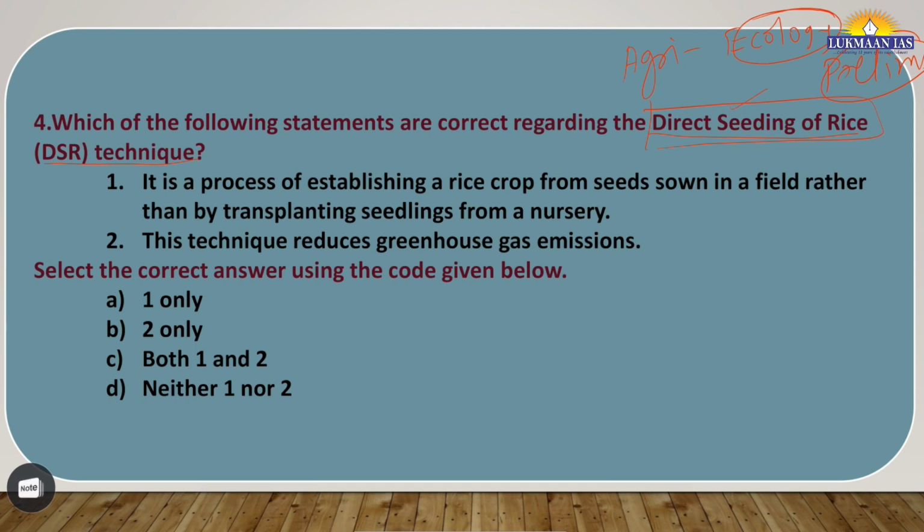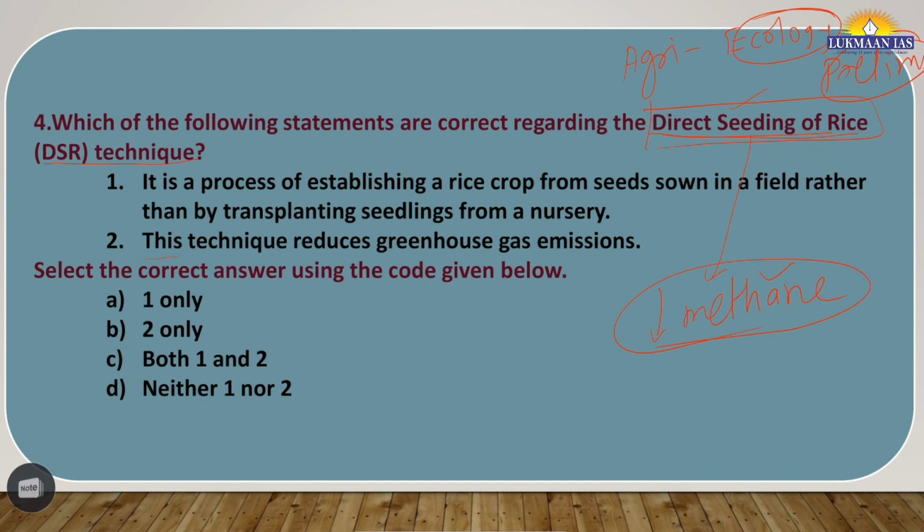Direct seeding of rice is one of them, as it is environmentally sustainable. Why? Because there is reduced methane emissions. Now we know that paddy is one of the major farming practice where methane emissions are very large. Already UPSC asked this question in prelims examination, paddy cultivation, methane emissions. Okay, so this is unique technique which reduces the methane emissions from paddy fields.